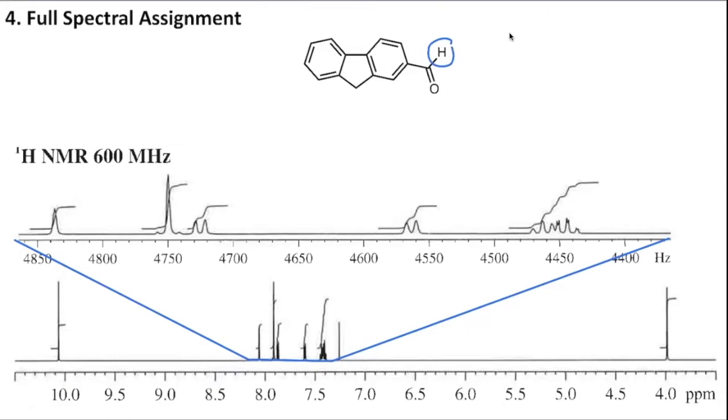Why is it so downfield shifted? Well, that is a characteristic of the functional group of the aldehyde. You can either keep that in the back of your mind, or you can think back to our anisotropy cartoons and picture the carbonyl having a shielding region on top and on the bottom, but in the plane it's strongly de-shielded, and that's where that hydrogen atom sits. So that's what's happening up here at about 10 ppm.